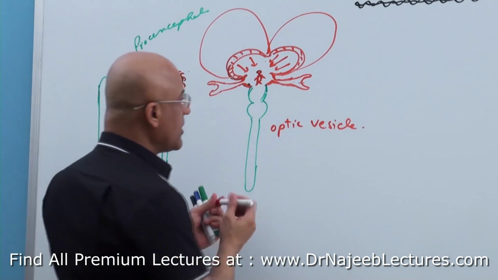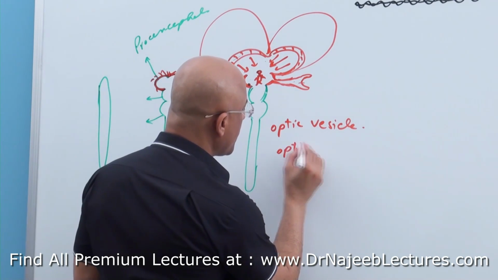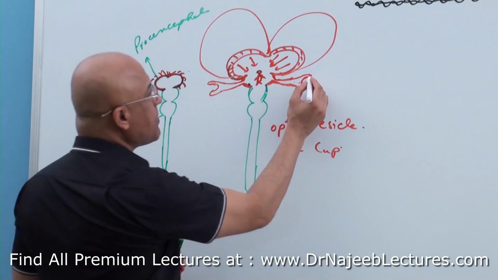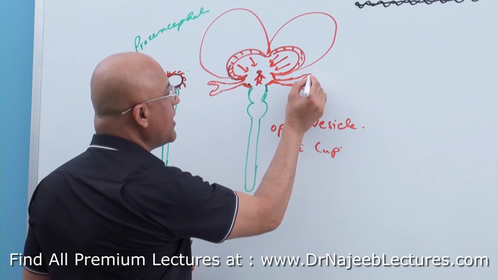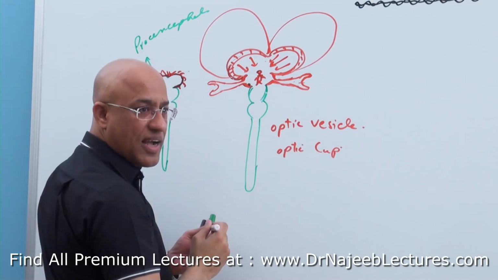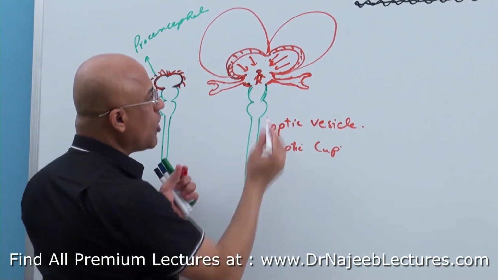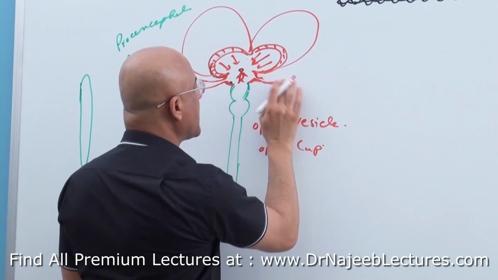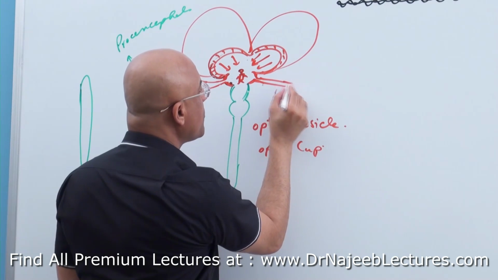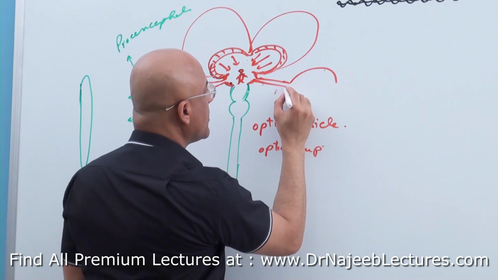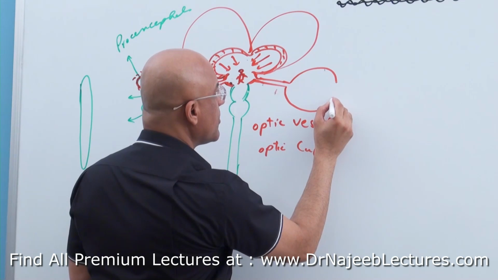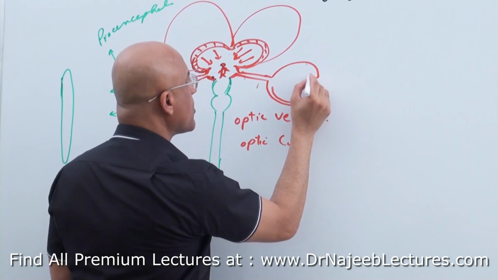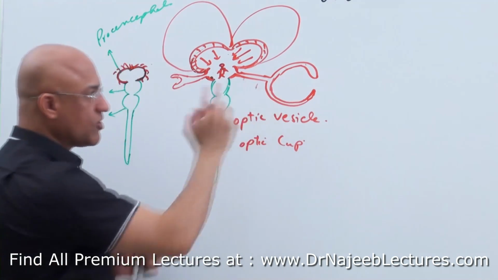Optic cup. Is that right? Now you see, the optic cup has how many layers? One inner layer and one outer layer. As time passes, this optic cup grows and does many things, but I will only explain what is related to the retina. This is the optic cup.